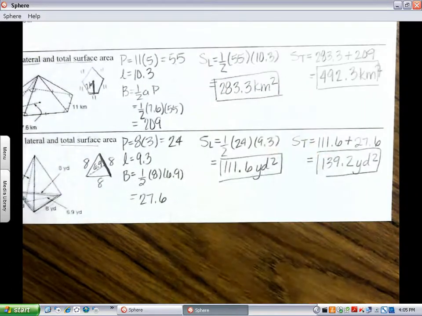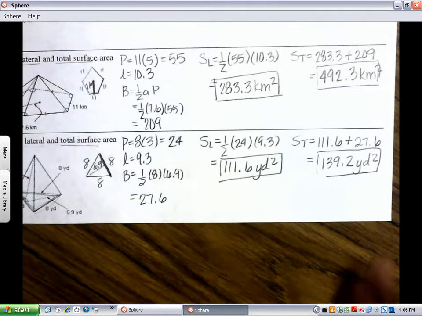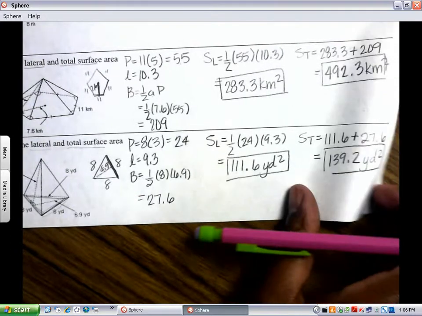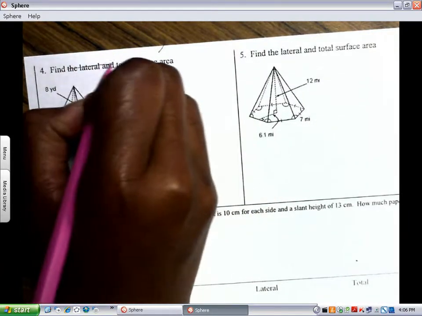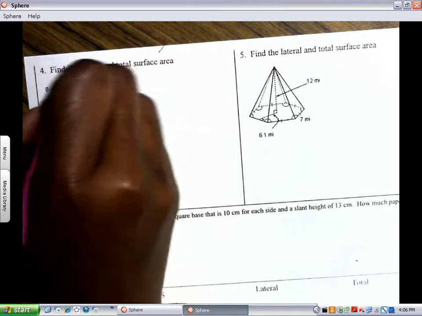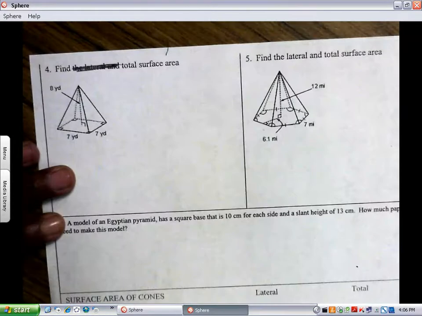Okay, let's go to the back. On the back, we incorporate the Pythagorean theorem into the problem. So to kind of keep this shorter, I'm going to just have us find the total surface area, since we have an extra step, and that's okay because you find the lateral when you find the total also.